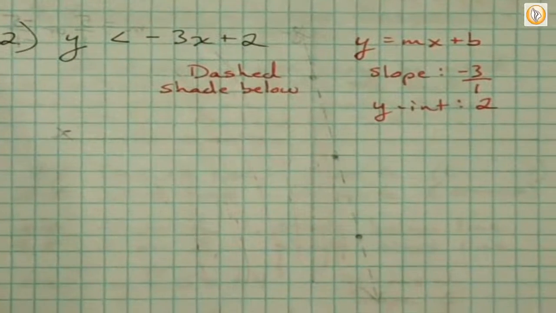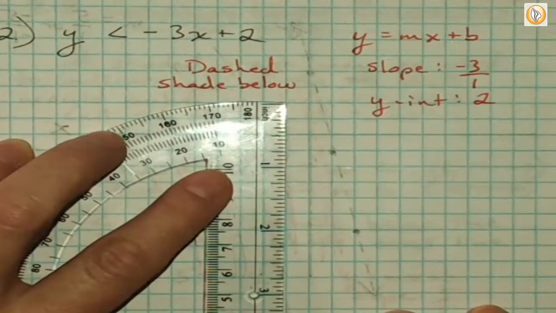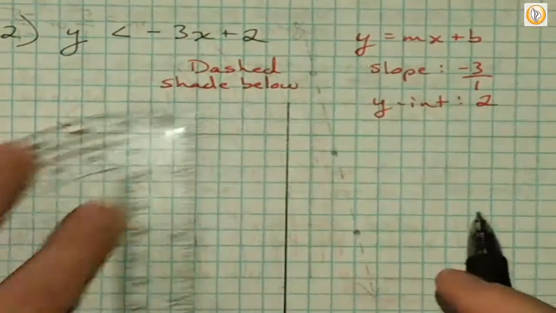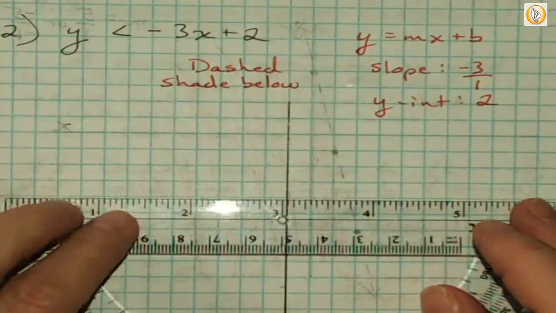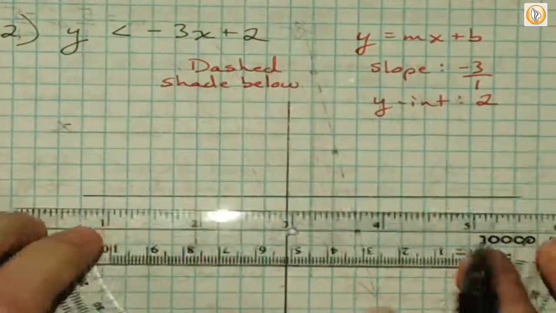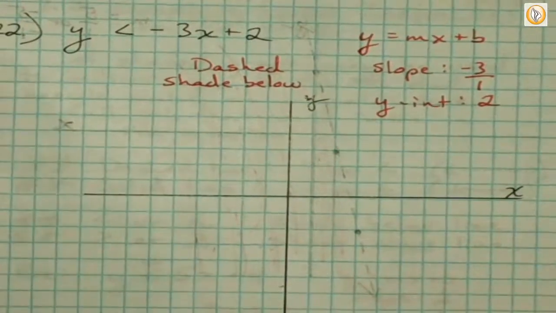If you want to do this on your own, you can. Kelly's going to come do this one. This is my Y. This is my X. All right.